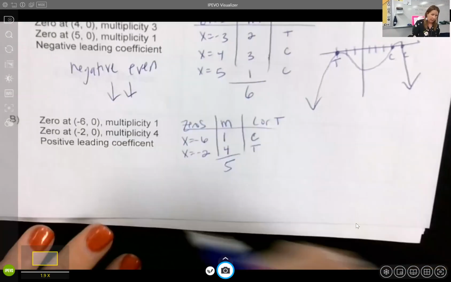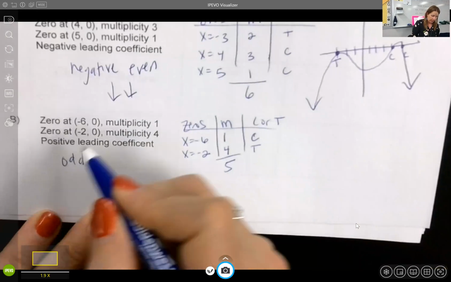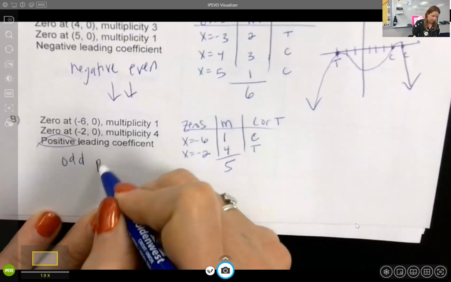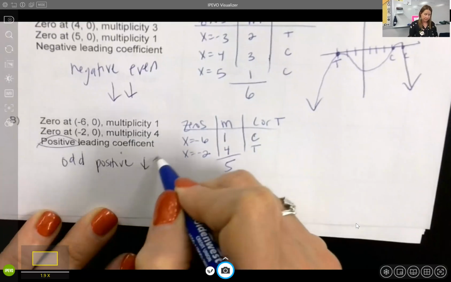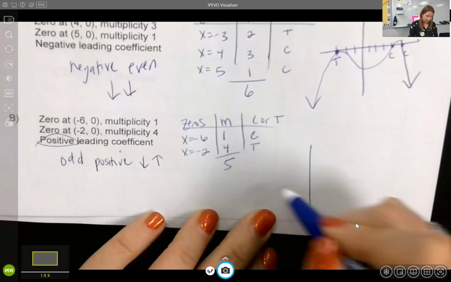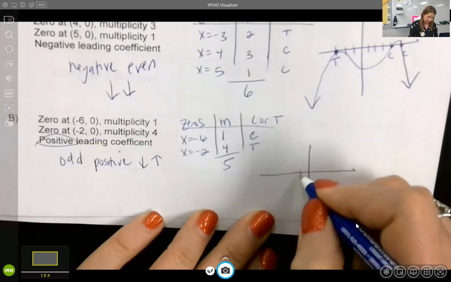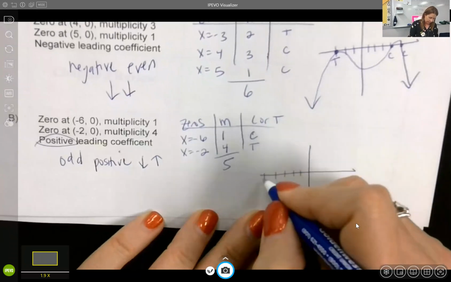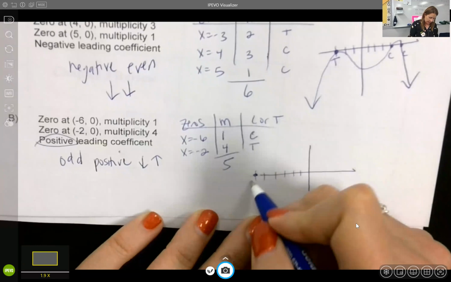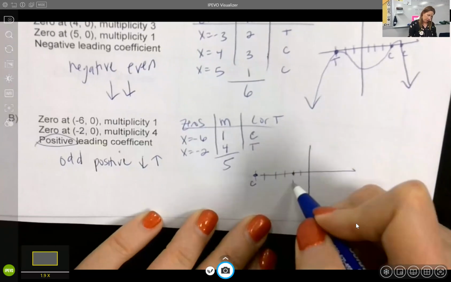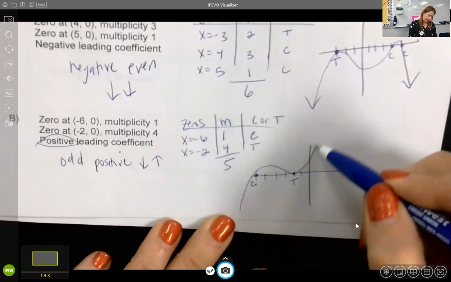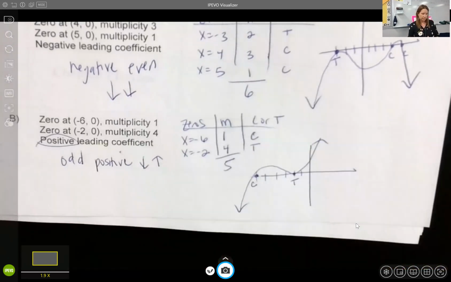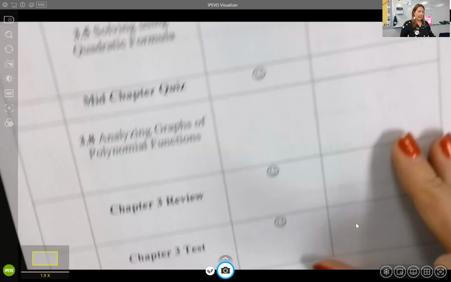So this is an odd, and it's a positive. So left and right. Cross, touch. One's down, one's up. So it's going to cross, touch, and go back. Okay. All right, and that's it.